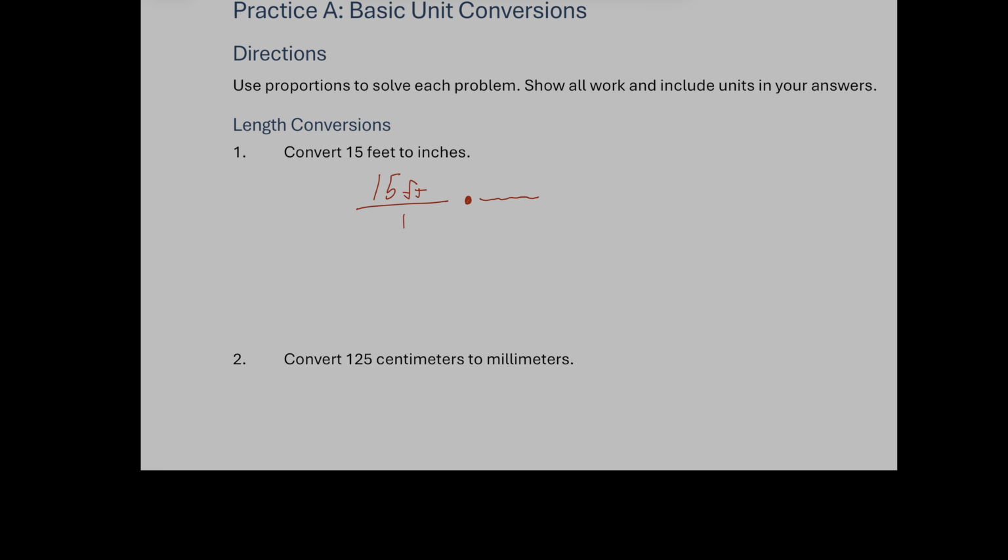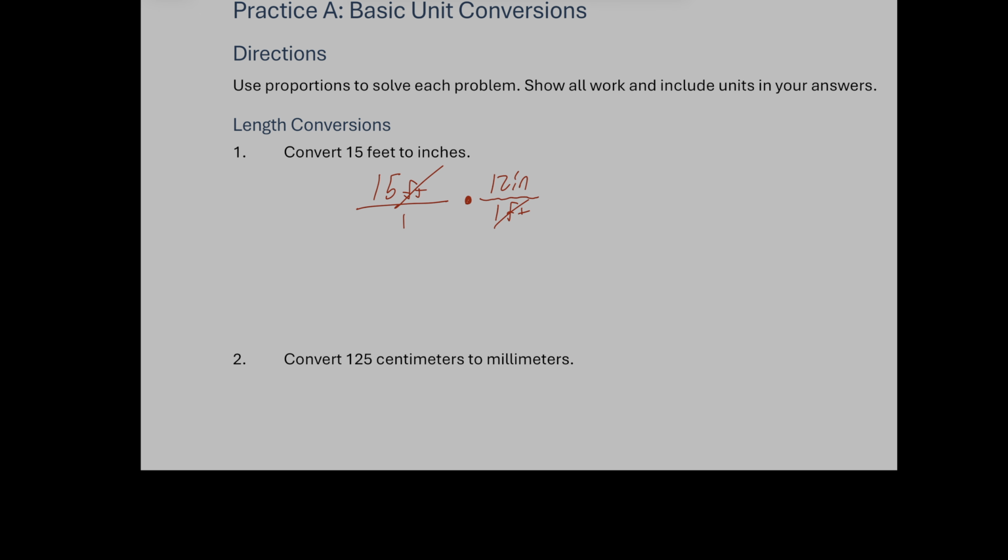I know there are 12 inches in a foot. Now I want to get rid of the feet, so when I write the conversion, I want feet at the bottom. You think about it as crossing out the term. So right here, you're going to go 1 foot, and this is 12 inches.